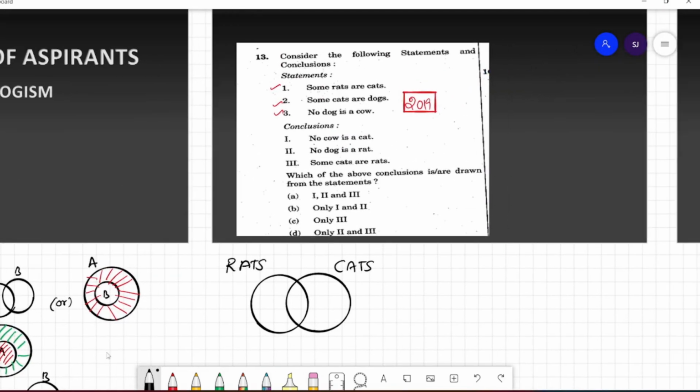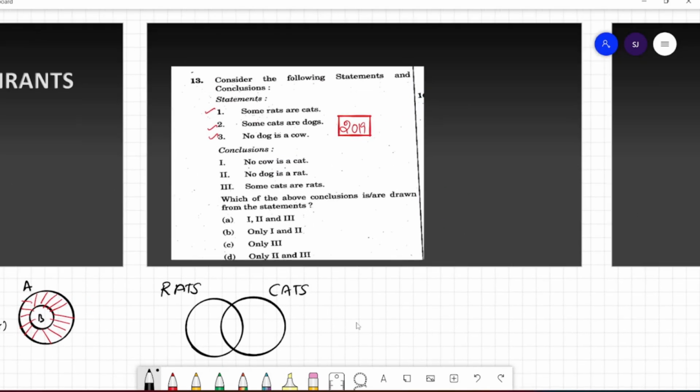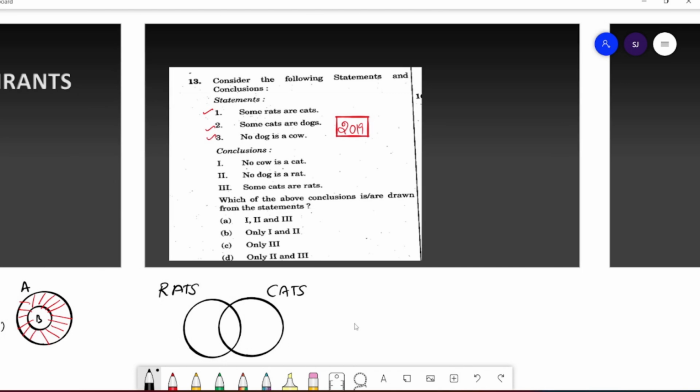So we should be very cautious while marking syllogism answers: only after representing all these statements in different types of diagrams should we conclude. Before that, we should not conclude. If one type of diagram gives a conclusion, we should not immediately jump to the answers. We should put in all the permutations and combinations of diagrams, and only then conclude.